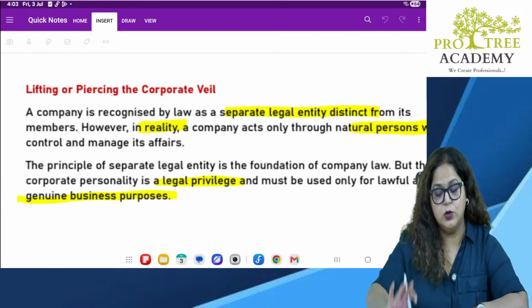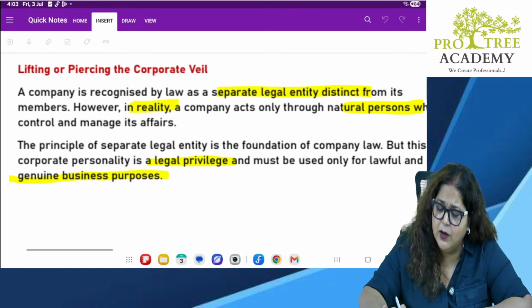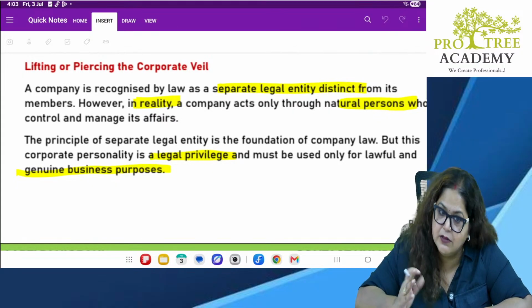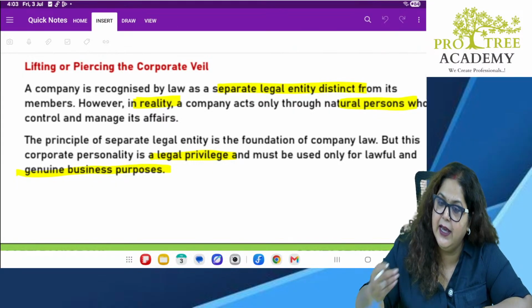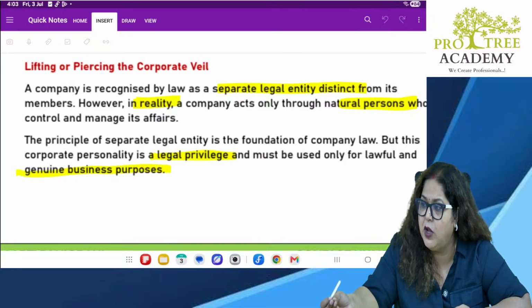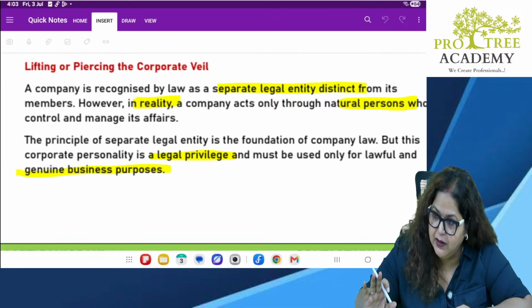Will the court interfere in all cases? The court does not have that much time to interfere in each and every small case in corporate matters.